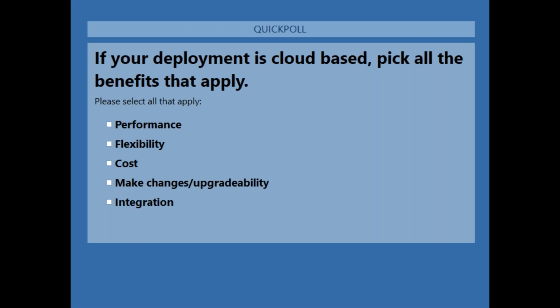So if anybody that's cloud-based wants to pick some of these, we'll give it a good minute of polling. I don't remember the stats on how many were in the cloud, but I think 57% were on premise.